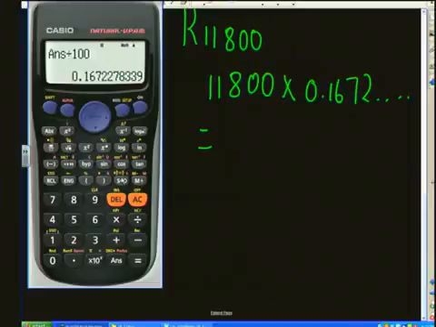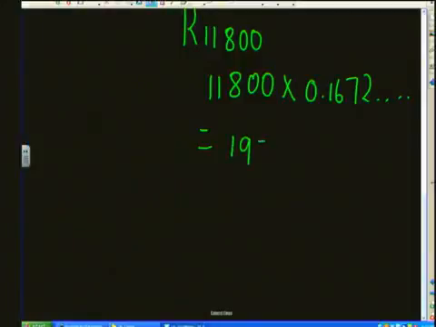Alright, so we take that, we times it by 11,800, and we see it's 1,973 Rand and 28 cents more.